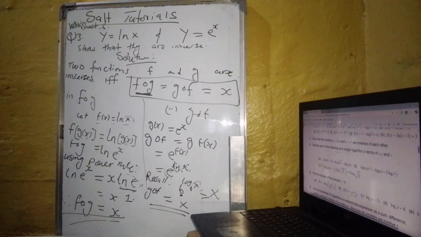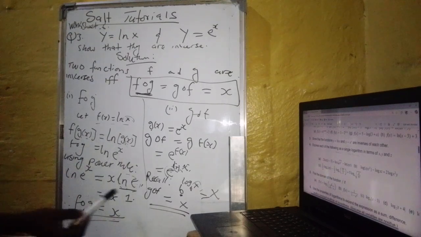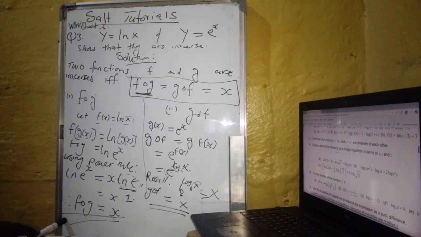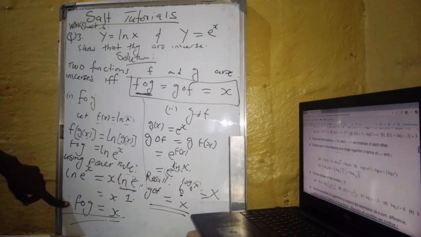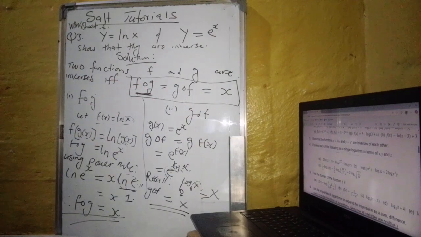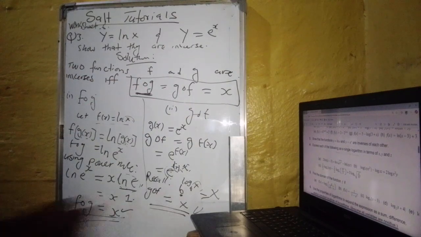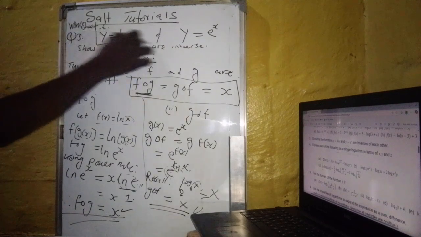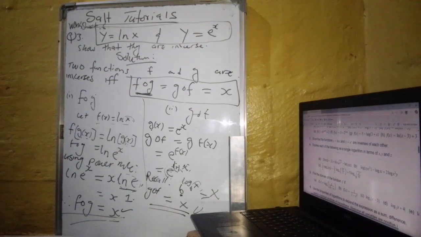From the power rule, we obtained x multiplied by natural log of e, which is x multiplied by 1, giving me my x. So f of g and g of f are both giving me the same expression, which is x. Therefore you can conclude that these two functions are inverses of each other.